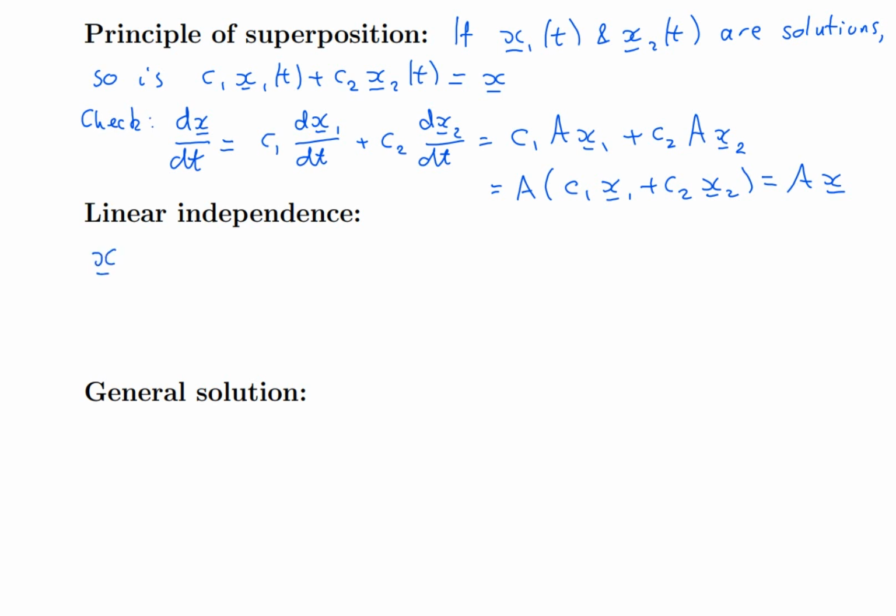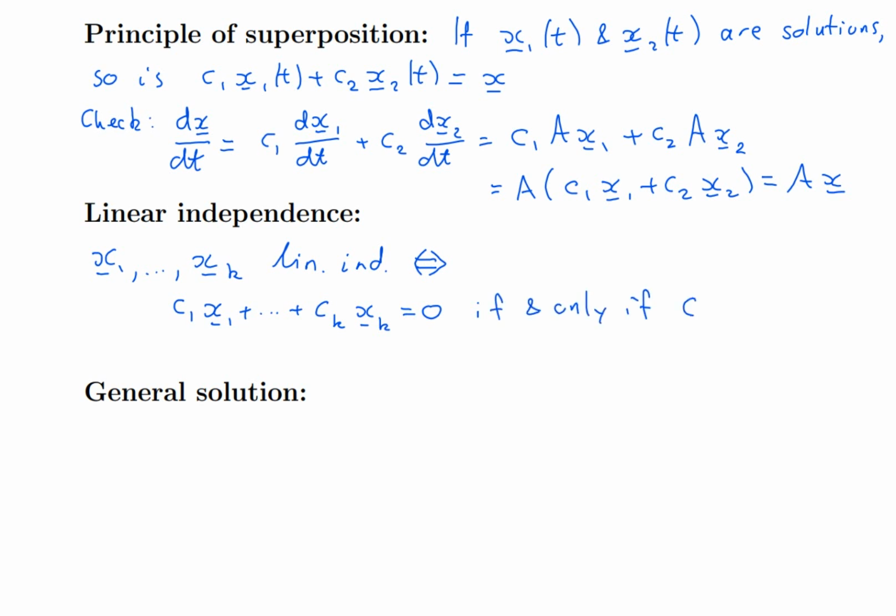Remember the definition of linear independence. x1 up to xk, a bunch of vectors, are linearly independent if and only if a linear combination c1 x1 plus ... plus ck xk equals 0 only if all the c's are 0. This is the same definition that we had in linear algebra, where the x's were just constant vectors. Now they're functions of time, but it's the same definition.